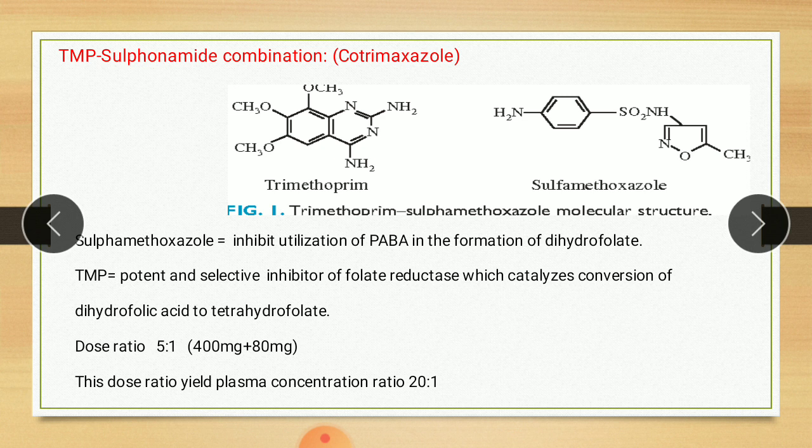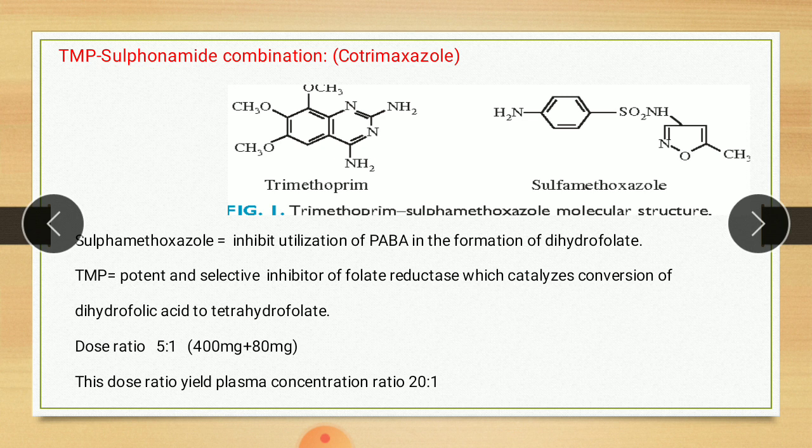Bacteriostatic activity is observed due to inhibition of two prominent steps in the bacterial enzymatic pathway involved in folate synthesis, as we discussed in lecture 2 in the mechanism of action of sulfonamide.